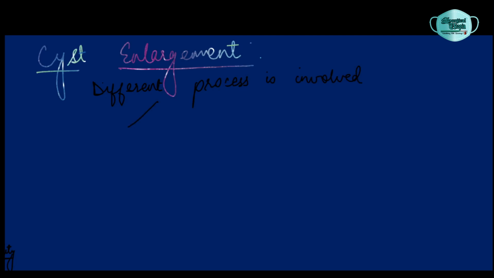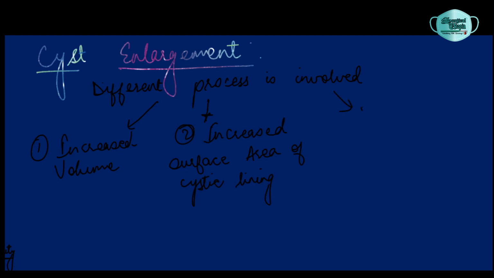After the cyst has formed, the cyst will now begin to enlarge, and cyst enlargement can take place with the help of multiple processes. For example, there may be increased volume of the cystic contents, there may be increased surface area of the cystic lining or the cystic sac, and then displacement of the surrounding hard and soft tissue will occur in order to accommodate the growth of the cystic lesion.